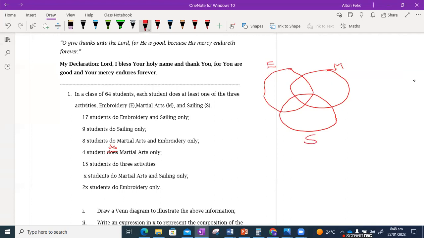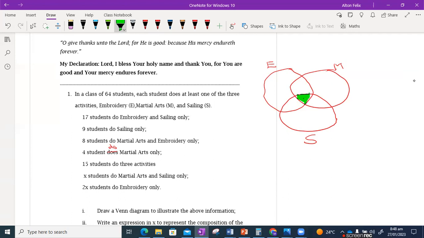Okay, so we always draw the circles like that. You want them overlapping in one area where you have the 3 circles overlapping right here in the middle. And that region is really showing the number of students who do all 3 activities, right?